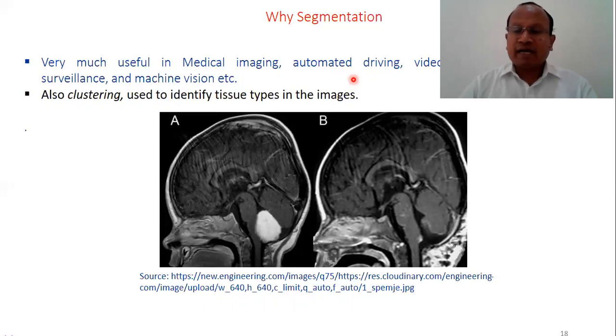So it identifies an image as a combination of a number of clusters, small regions, and those regions will have different attributes. This is why segmentation is very important in the present context.